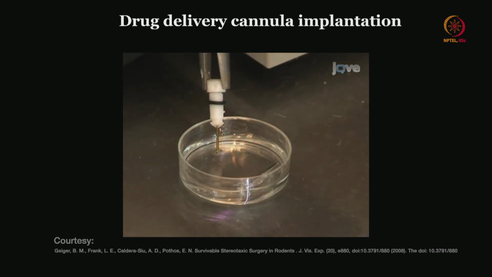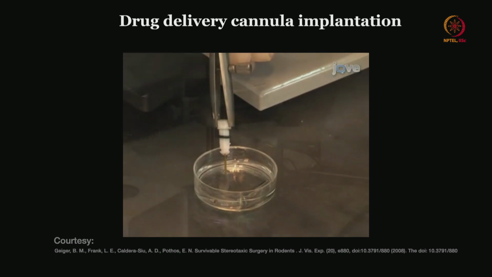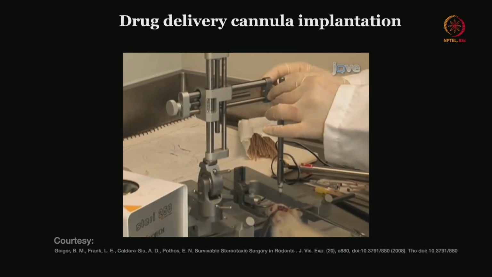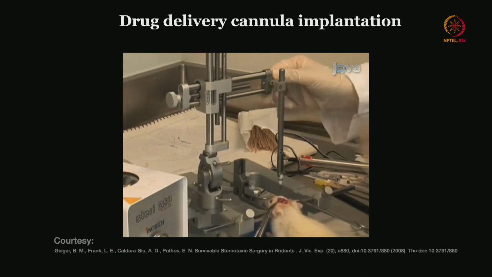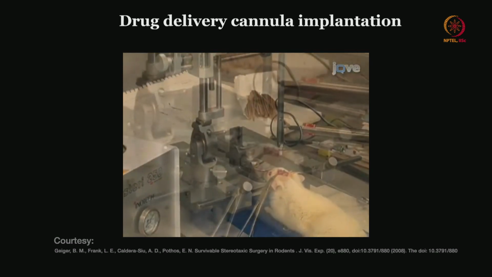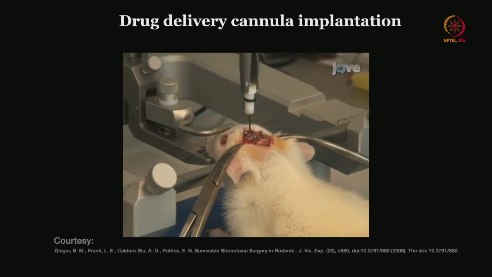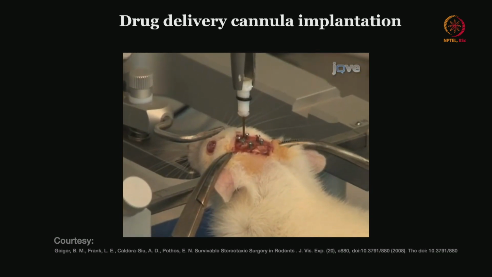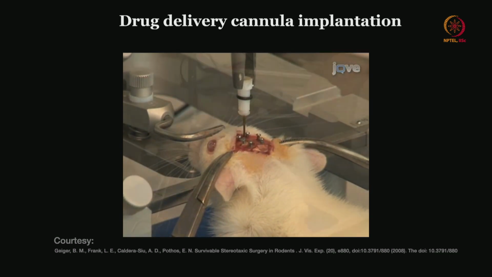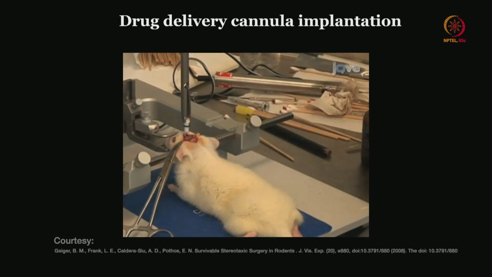Alright. Then you dip it in artificial CSF, and then mount it onto the adapter, which is the adapter for drug delivery cannula implantation, or for that matter any cannulas which need to be held perpendicularly according to the coordinates.